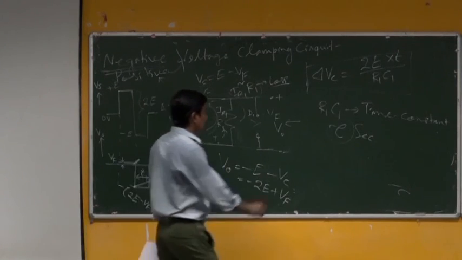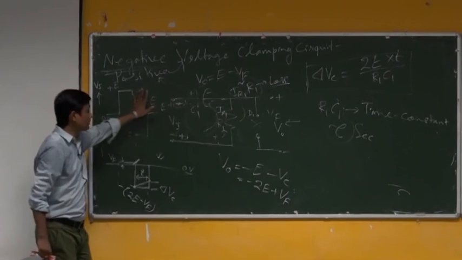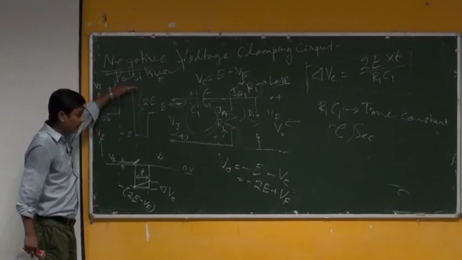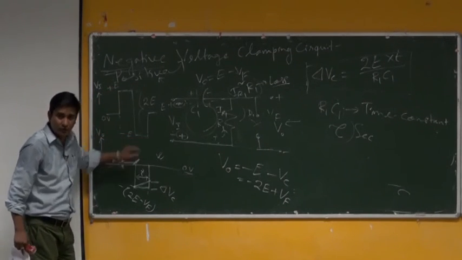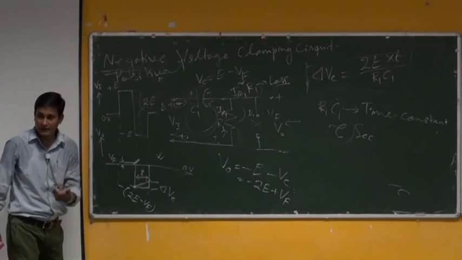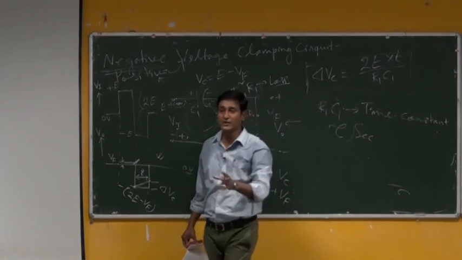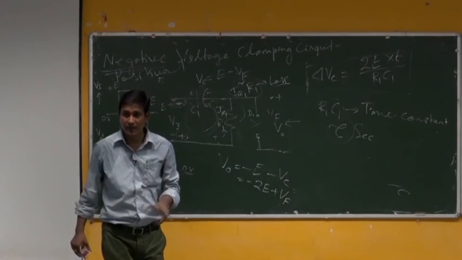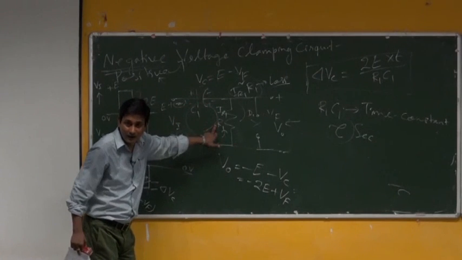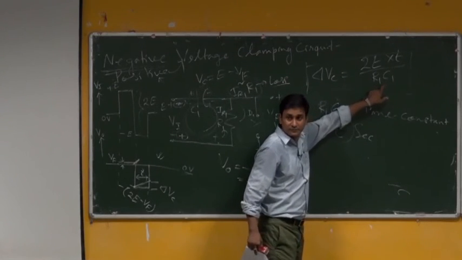In this particular wave shape, 2E is the potential which has gone from the higher value to the lowest value defined for a wave shape, and the width of the wave is also defined there. So this 2E and T are defined by the wave shape which you are applying to the circuitry, but you have devised the circuit using one C and one R there. So they are involved in this fashion.